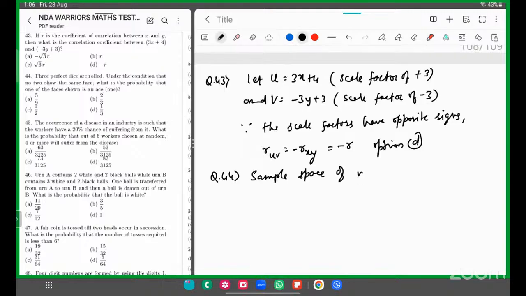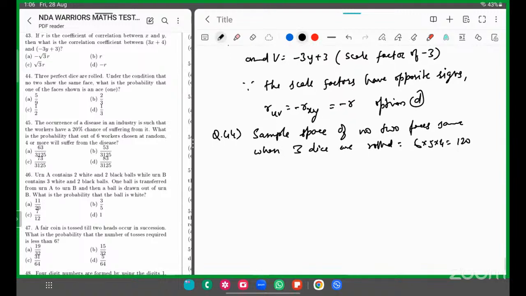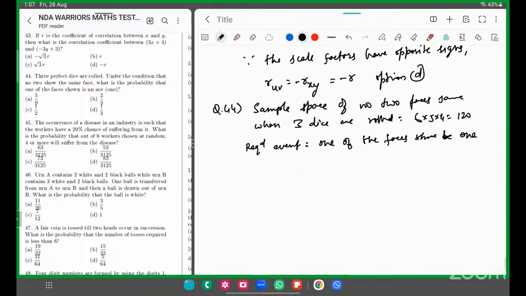Sample space of no two faces being the same when 3 dice are drawn: 6, 5, 4, which is 120. The required event is that one of the faces should be one.